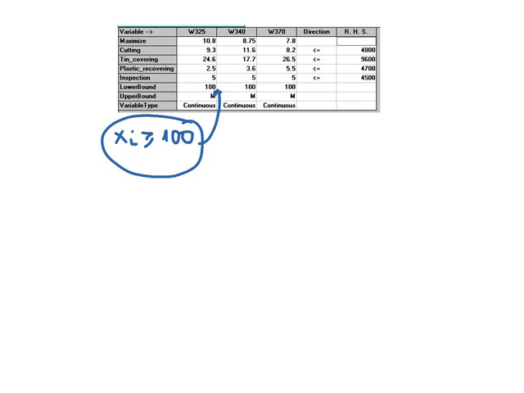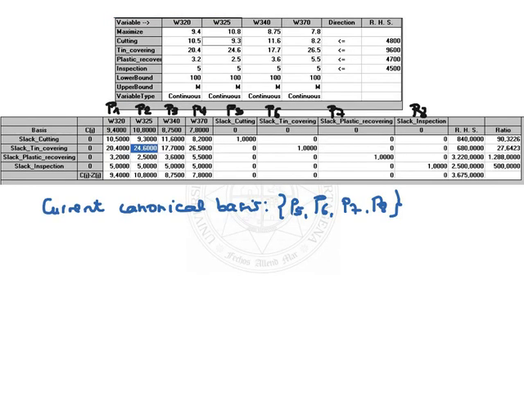The current canonical basis is P5, P6, P7, and P8, or in other words, the slack variables associated to it. To know which variable goes into the basis, we look at the reduced cost.